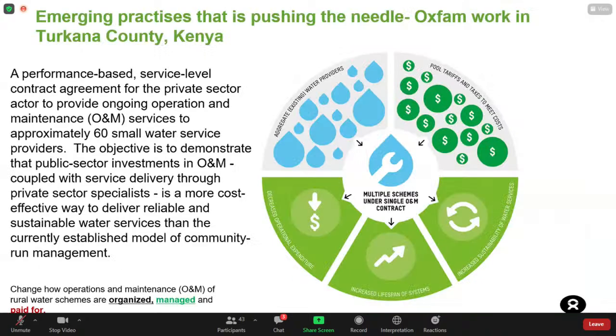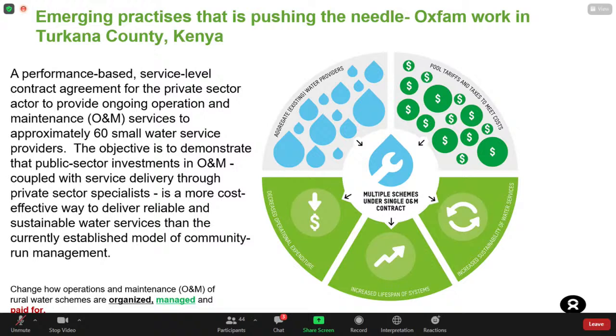So some of the emerging practices that we are profiling, and which we've seen as practices that are pushing the needle around some of the hard-to-reach contexts, I'll talk about one of the work we are doing in Kenya, in one of the arid and semi-arid counties, that is called Turkana. So we have a performance-based service level contract agreement where we're engaging a private sector operator to provide the ongoing operation and maintenance for rural water systems, which essentially are predominantly boreholes.